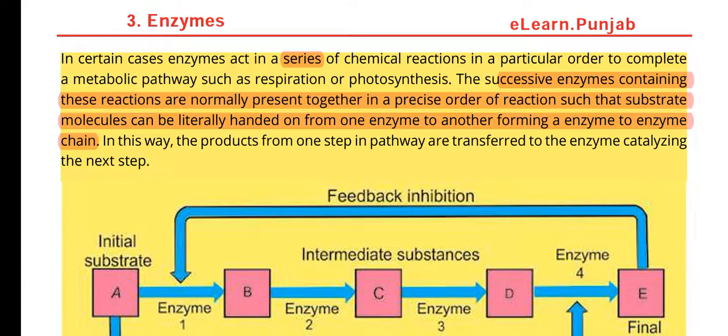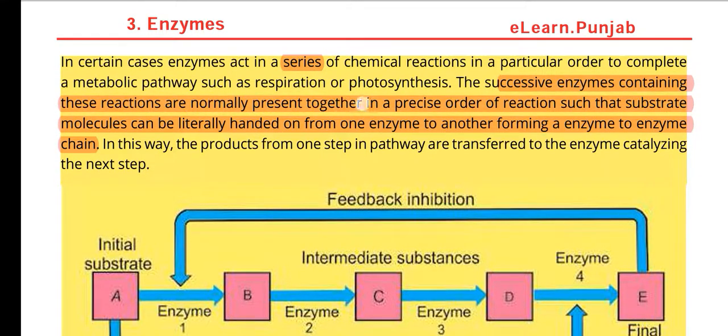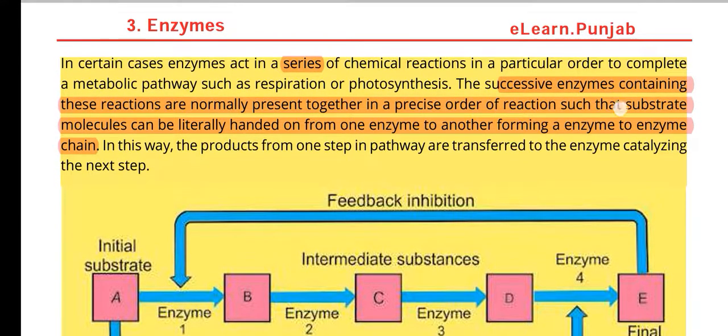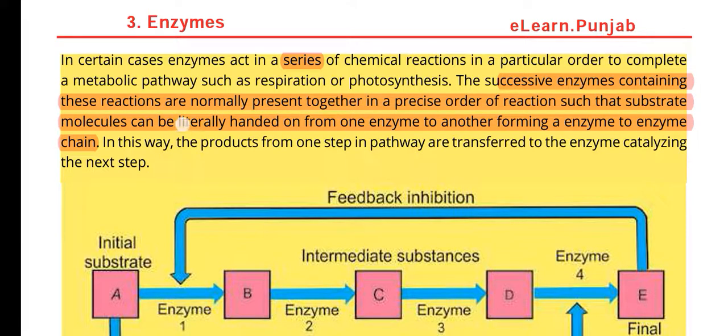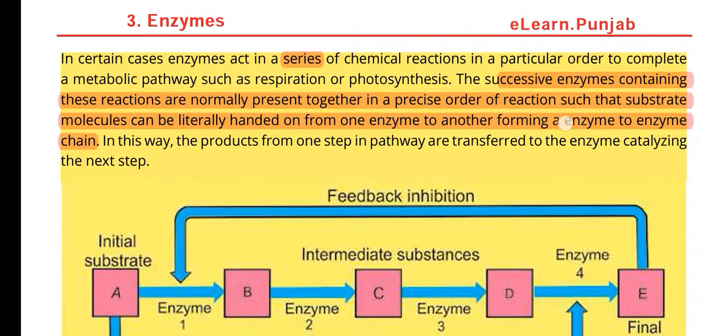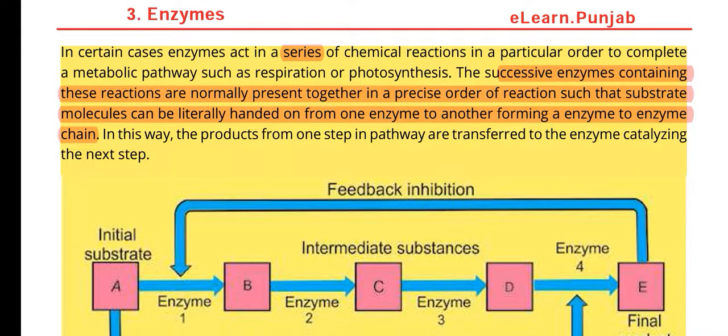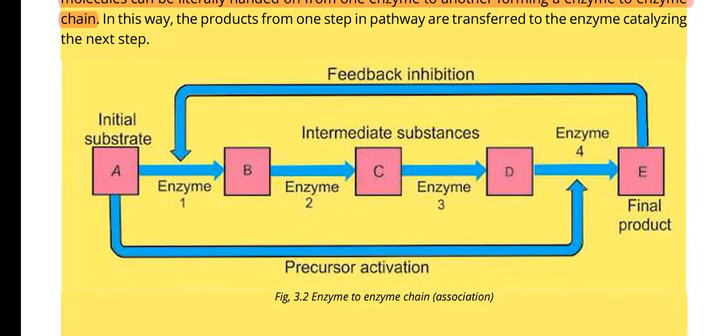What is a chain reaction? A chain reaction is a reaction in which a complex mechanism is performed with a sequence of events in a specific series. The successive enzymes containing these reactions are normally present together in a precise order of reaction, such that the substrate molecule can be literally handed on from one enzyme to another. So it is in one sequence.